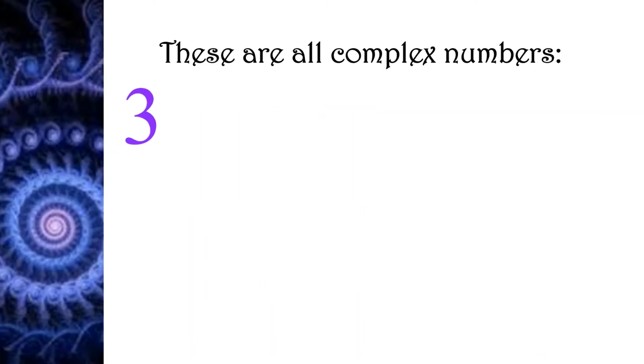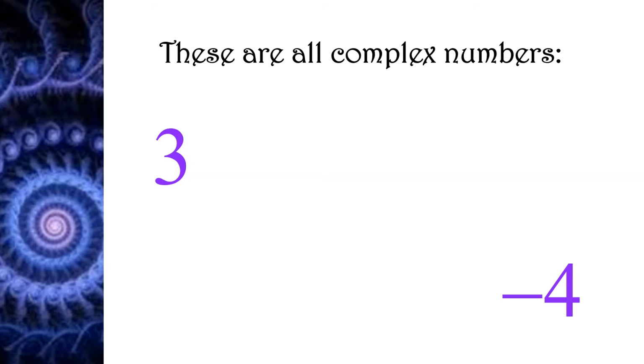These are all complex numbers. 3. 3 is also a real number. It's a counting number or natural number, a whole number, an integer, a rational number. It is not irrational because it's rational. -4 is a complex number. It's also a real number.